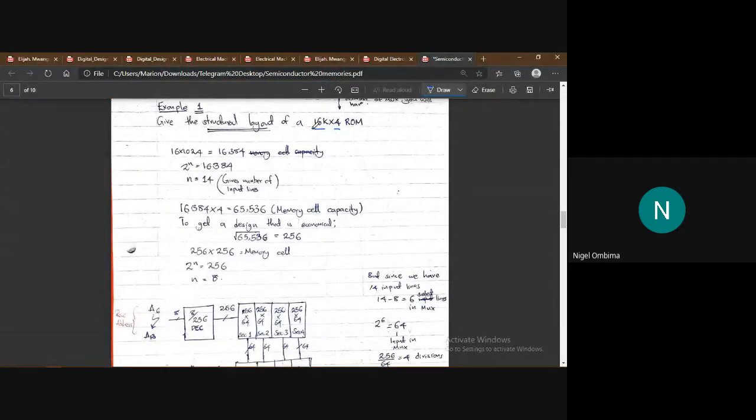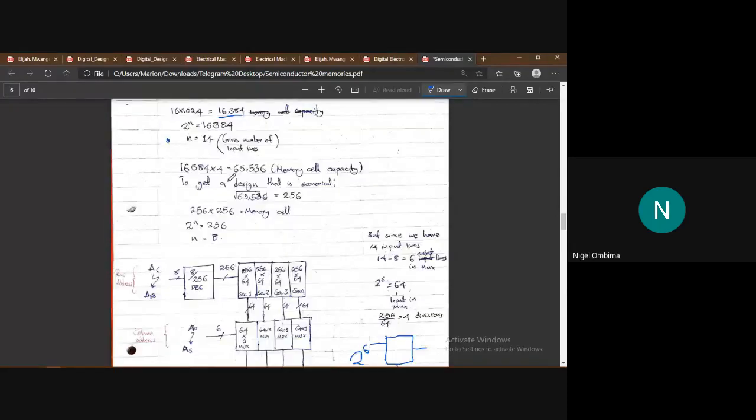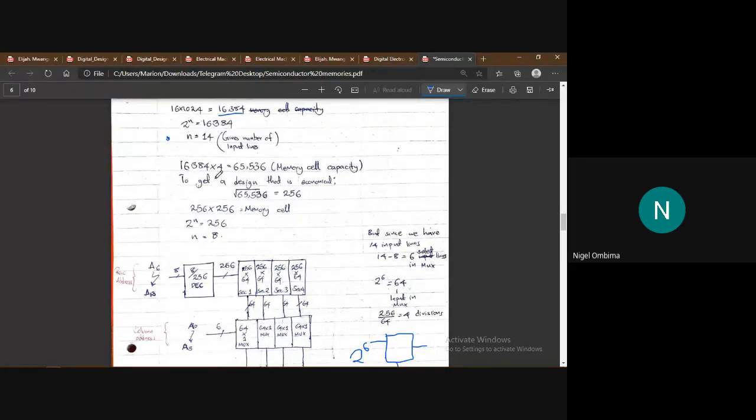We multiply 16K by 1024 and get 16384. To get the number of input lines, it is 2 power n, so n gives us 14 input lines. So 14 input lines, just put a pin on that, we will come back to it.